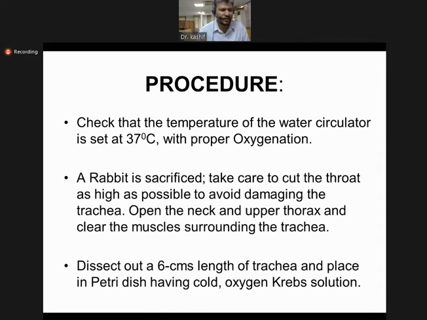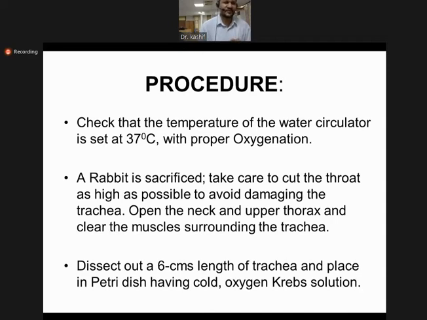You need proper oxygenation, and then you do the procedure. First you prepare a petri dish with the crab solution, maintain the temperature, and provide oxygenation. Everything you prepare first, and you start the PowerLab.